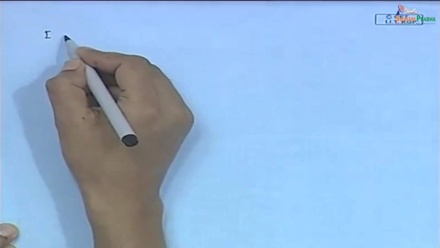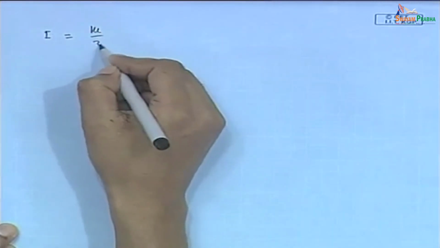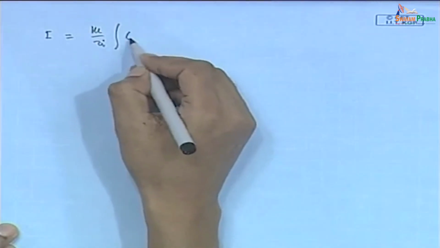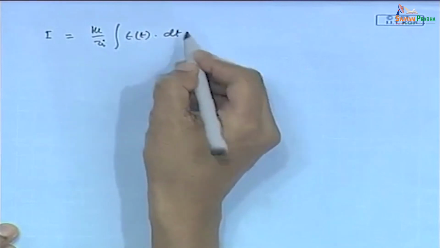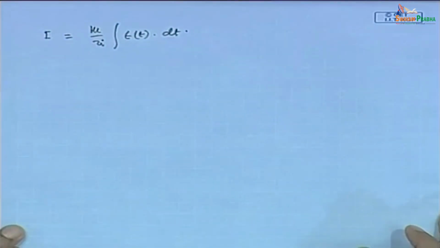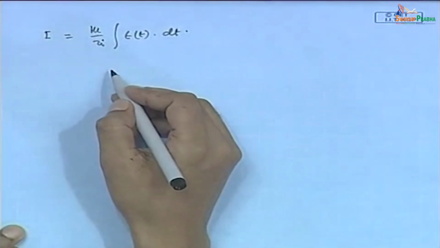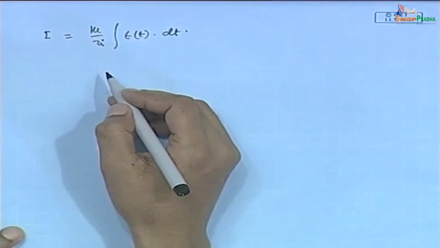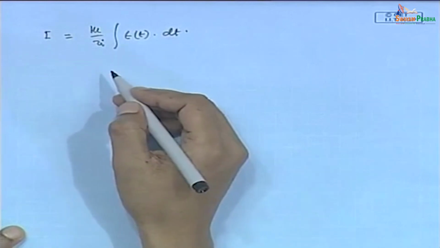The change in error signal is introduced at time t equals 0. Now, this integral action we can write as Kc divided by tau I integral of epsilon t dt. Fine. Kc is the proportional gain and tau I is the integral time constant.